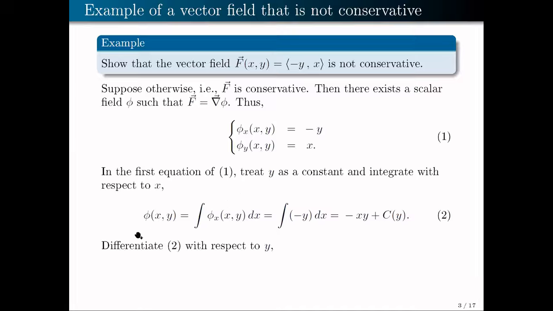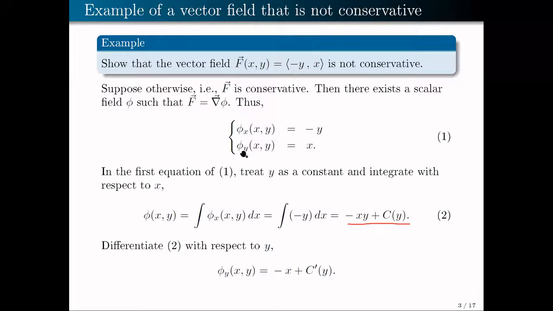So let's differentiate phi of xy with respect to y. And so we have phi sub y equals the derivative of this expression. We get negative x plus c prime of y.